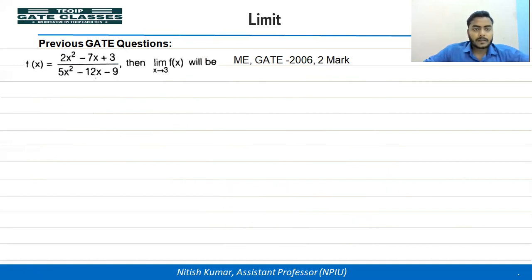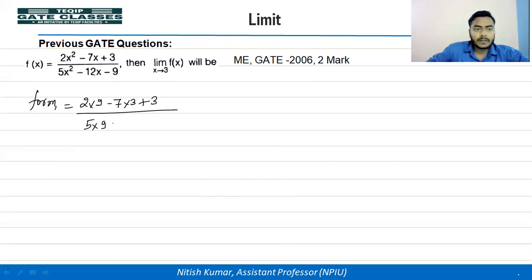Next, mechanical 2, for 2 marks. So take the form here. What form are you getting? So x is equal to 3. So we have to put 2 into 3 square 9 minus 7 into 3 plus 3, divided by 5 into 9 minus 12 into 3 minus 9.